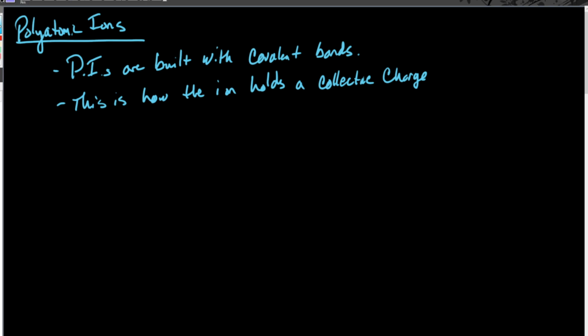So the first example we're going to do is hydroxide. We're going to follow pretty much the same rules. How many electrons does oxygen have? Or more important, how many electrons total are there?